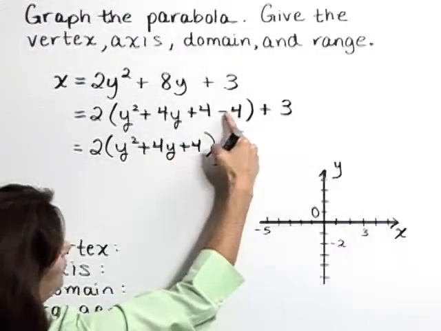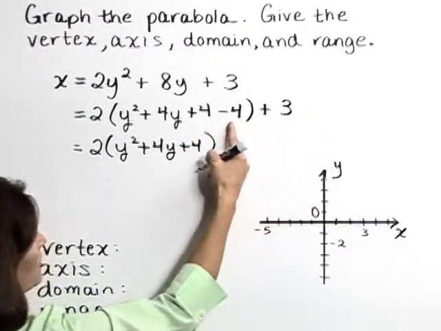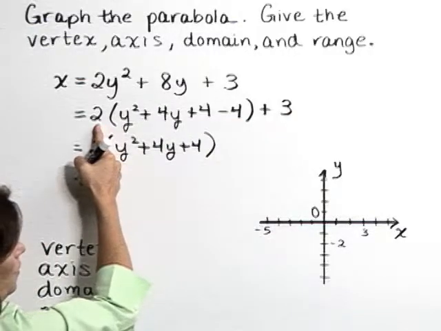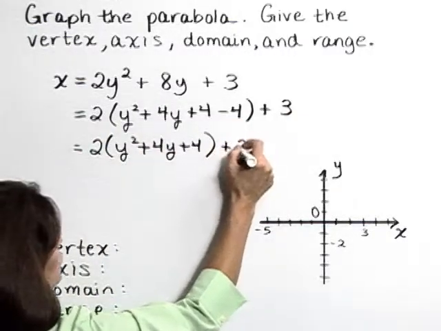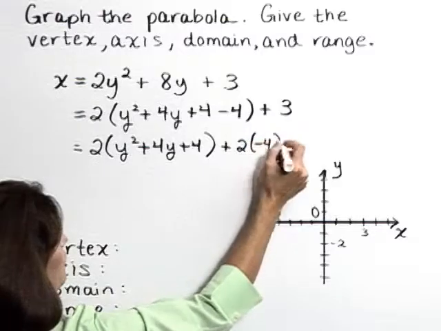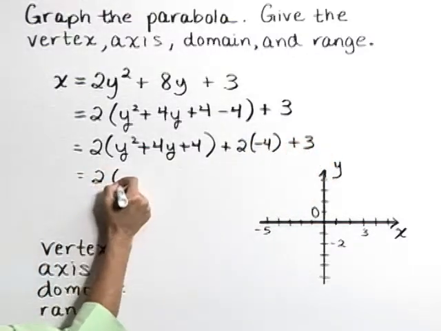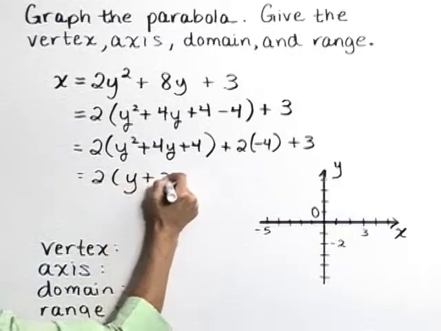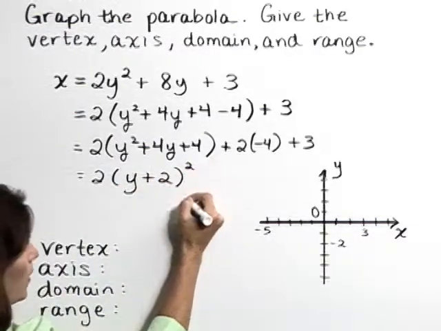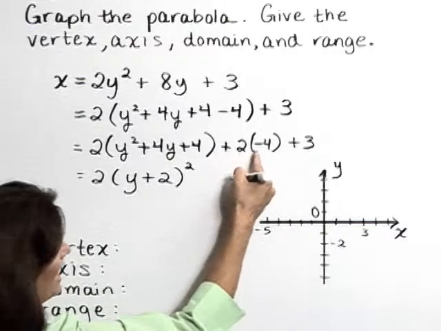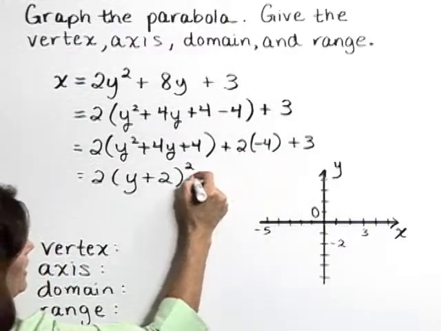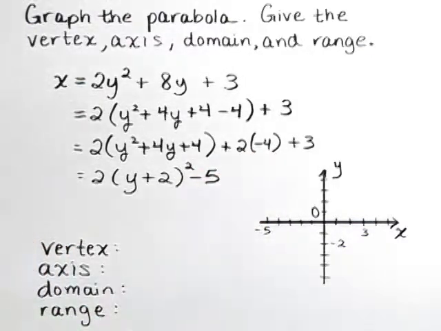Let's move this negative 4 out of the parentheses, but realize that it's multiplied times 2. So let's write plus 2 times negative 4 and plus 3. Now factor, this is 2 times y plus 2 quantity squared, negative 8, and 3 is a negative 5.